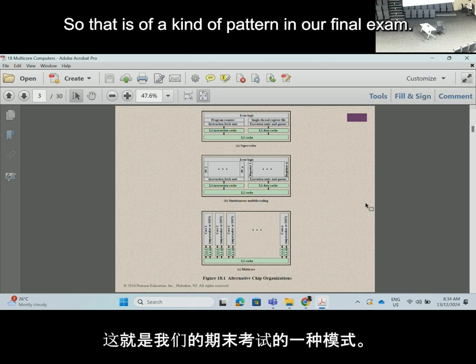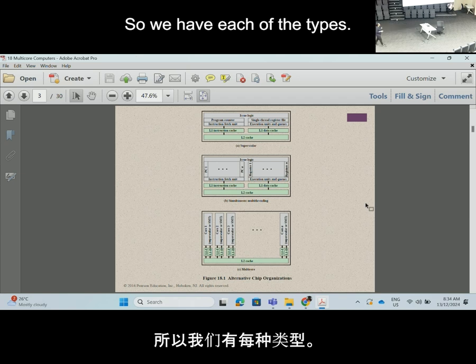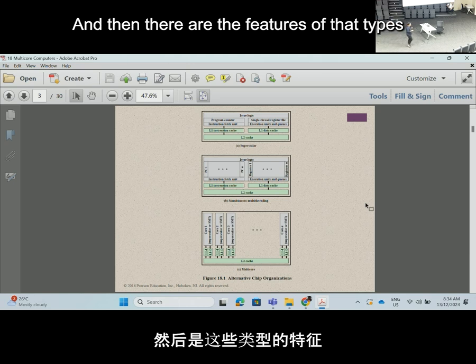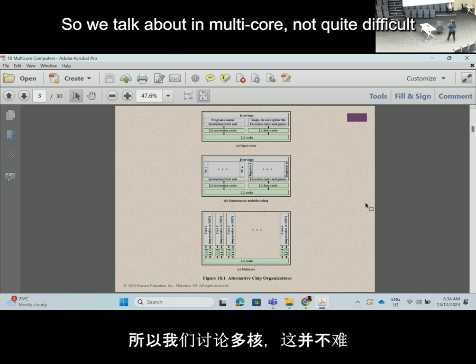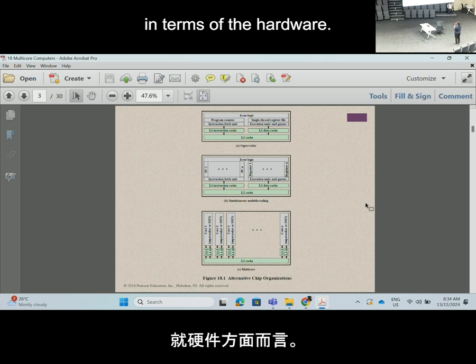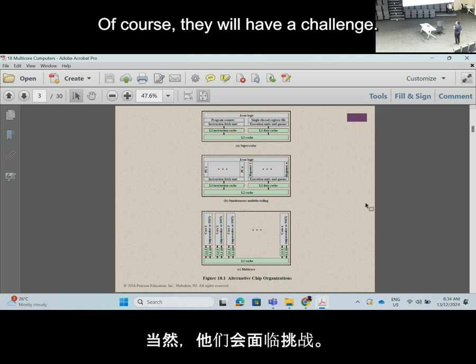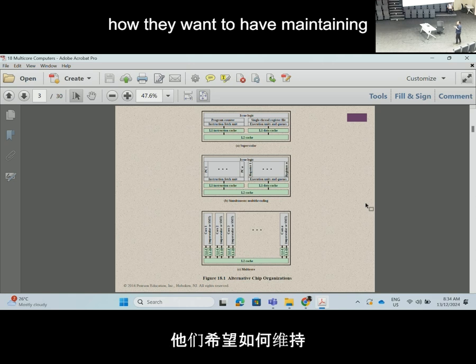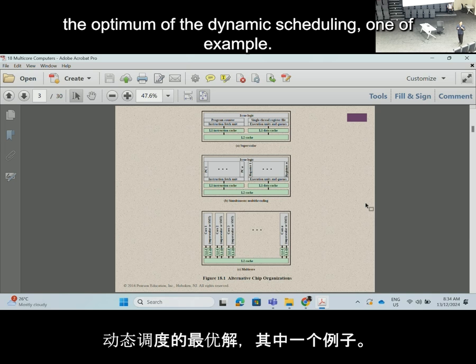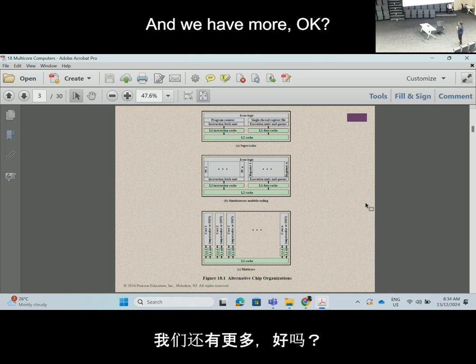So that is a kind of pattern in our final exam. We have each of the types, and then there are the features of those types and the challenges. In terms of hardware, in multi-core it's not quite difficult. Of course, they will have a challenge, but they are more towards the software, how they maintain the optimum of the dynamic scheduling, for one example. And we have more.